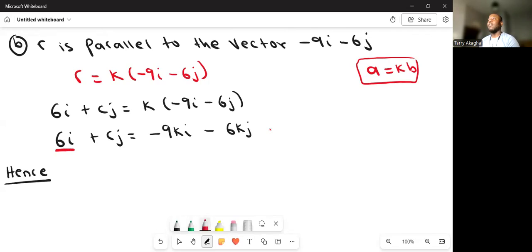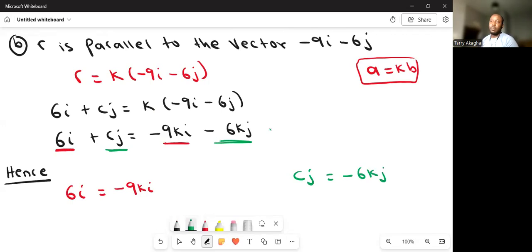So 6i must be equal to minus 9ki. And all the j's on the left-hand side must be equal to all the j's on the right-hand side. So cj is going to be equal to minus 6kj.